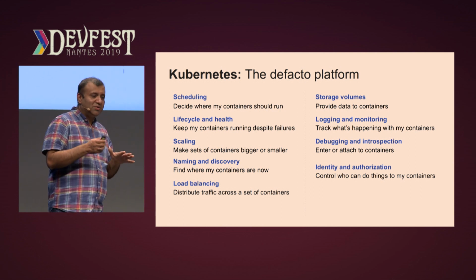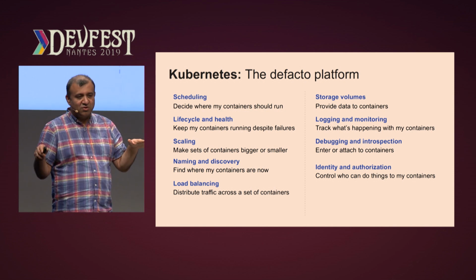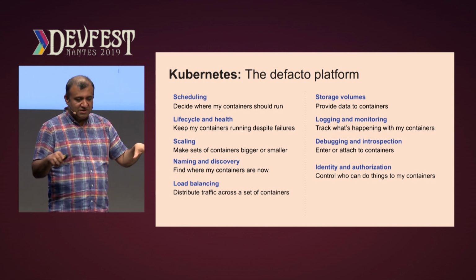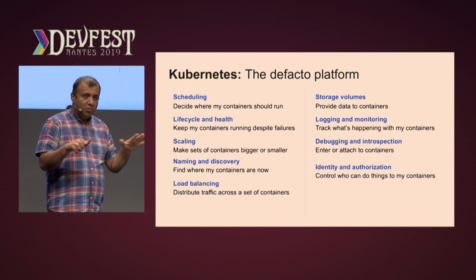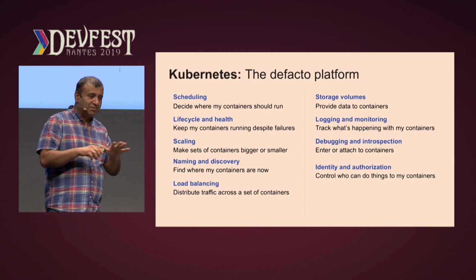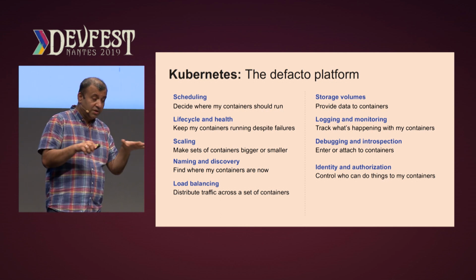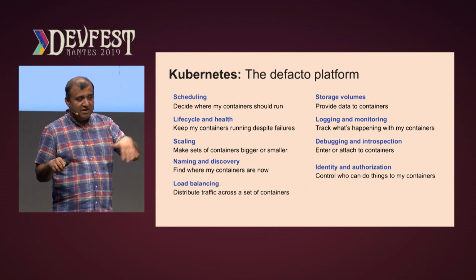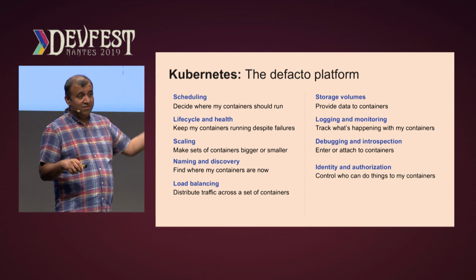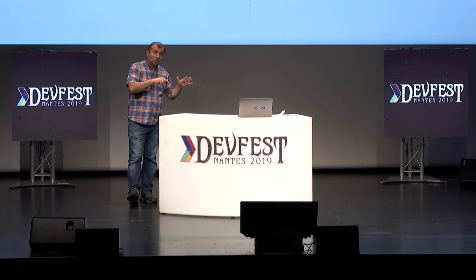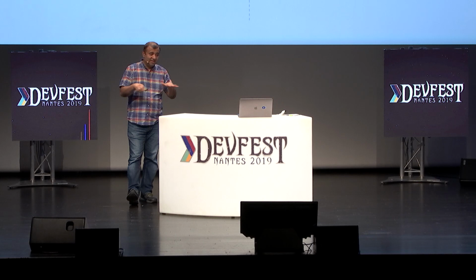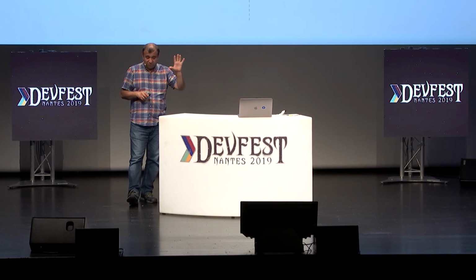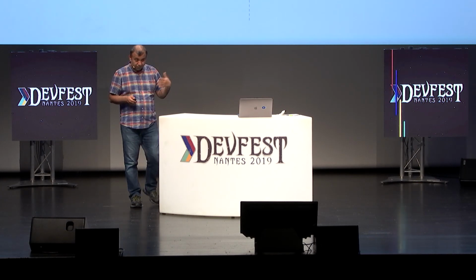So in the Kubernetes world, we have two categories of users: the developers and the operators. Operators deal with the underlying infrastructure, and they worry about Kubernetes and how to maintain the cluster. And then we have the developers who ideally do not want to get their hands dirty in the operational complexity, and they just focus on their code. So these are the two sets of users for Kubernetes.